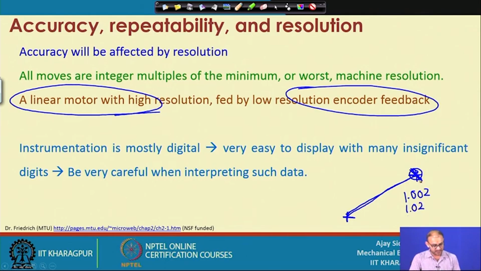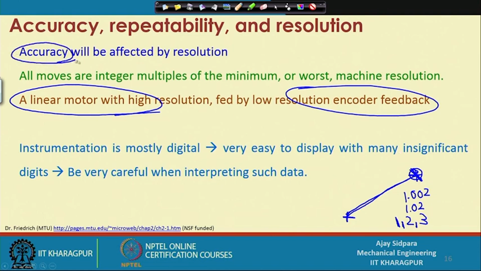If that is the case, then your encoder will not find that location, but when the location is in terms of 1, 2, 3 micron, then it will be useful. So, your accuracy is actually sacrificed because of the low resolution of your system.